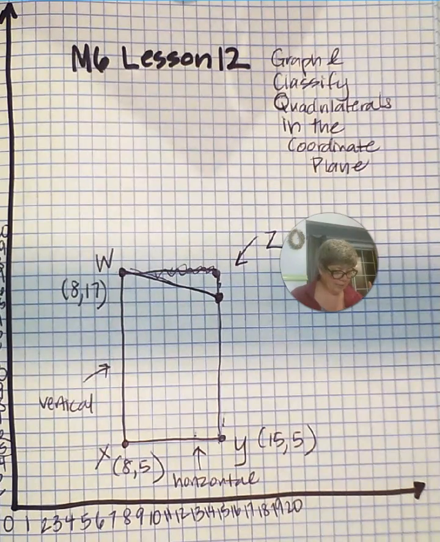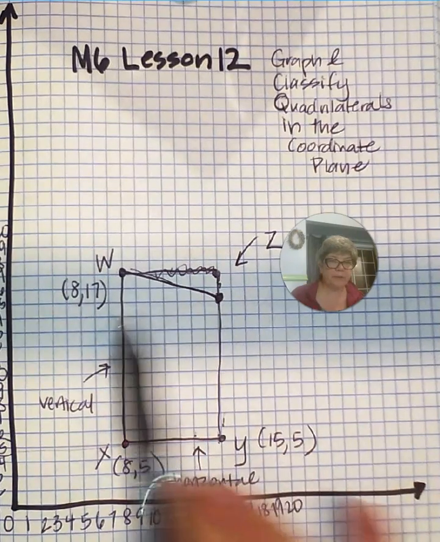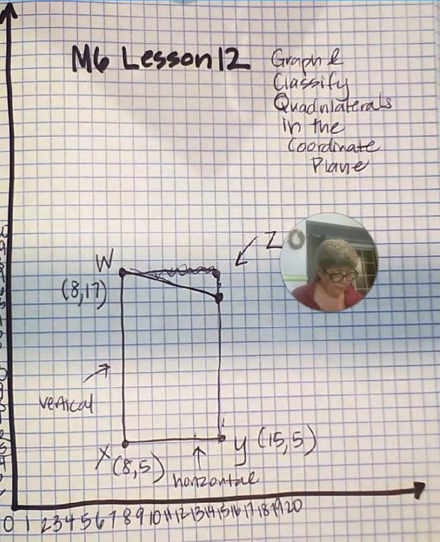It is a trapezoid. It has 2 vertical sides, at least one pair of parallel sides, right? These 2 are parallel to each other. Not a rectangle because it doesn't have 4 right angles.